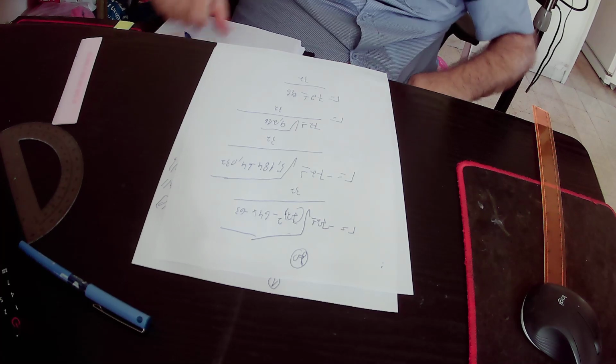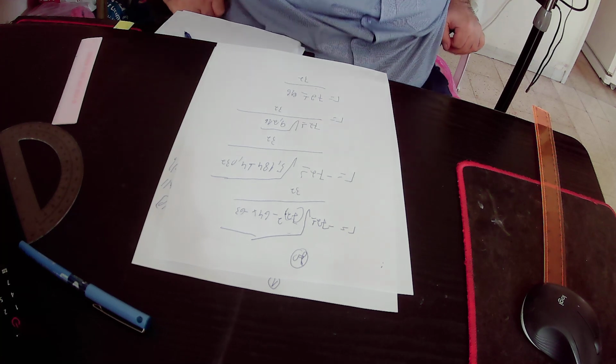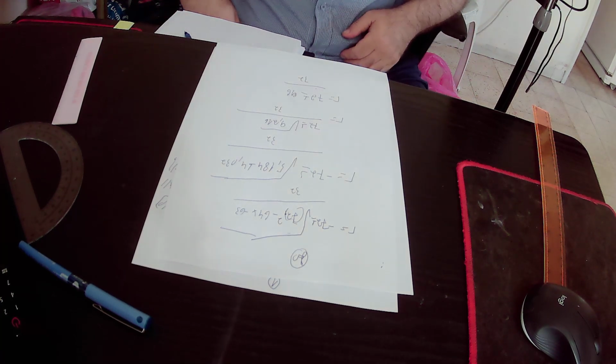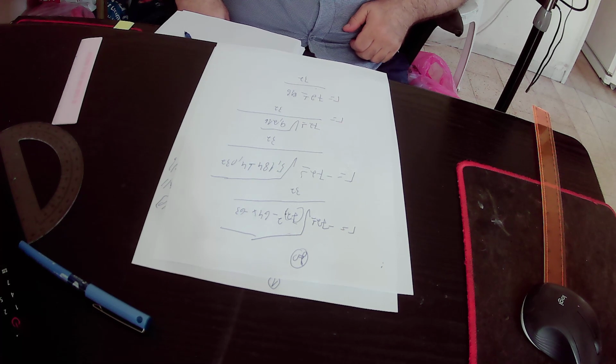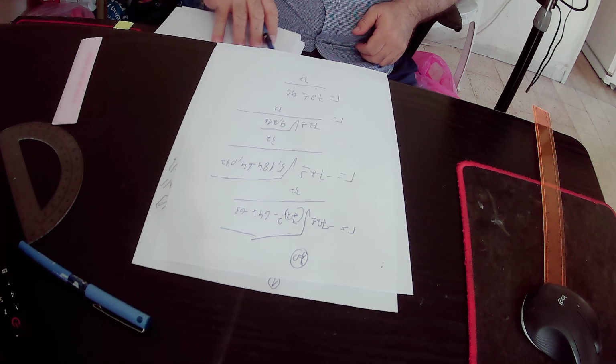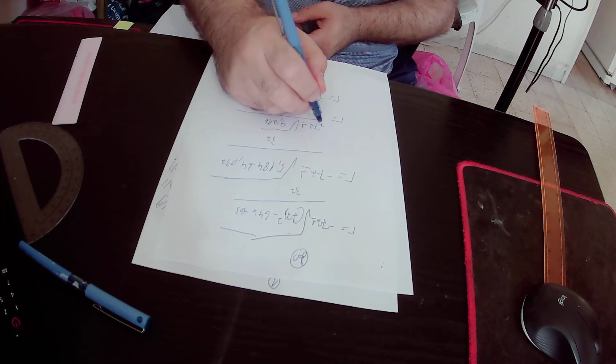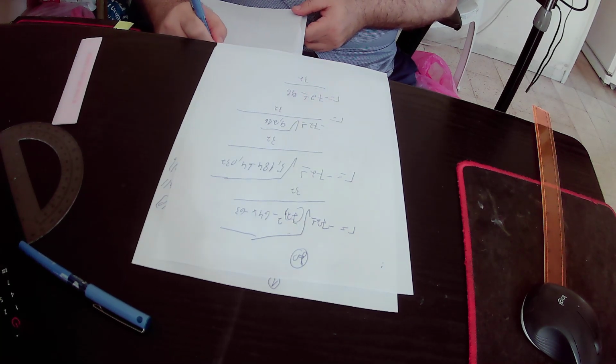Okay. So we have here two solutions for R. The first solution is R equals minus 72 minus 96 over 32.